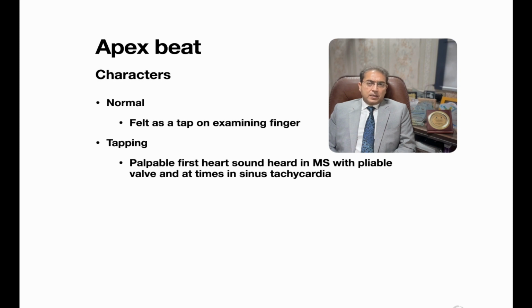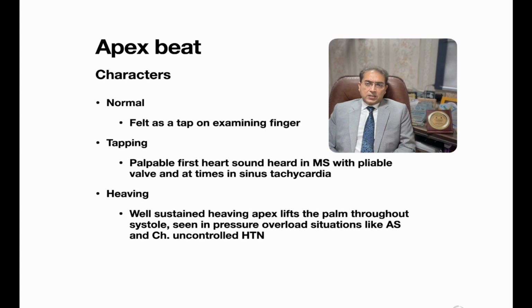And then the second important character is the heaving apex beat. Heaving may be well-sustained heaving, or it may be ill-sustained heaving. The well-sustained heaving is when the apical impulse lifts your palm throughout the systole, that is from the first heart sound to the second heart sound. This is seen in pressure overload situations like aortic stenosis and uncontrolled chronic systemic hypertension.